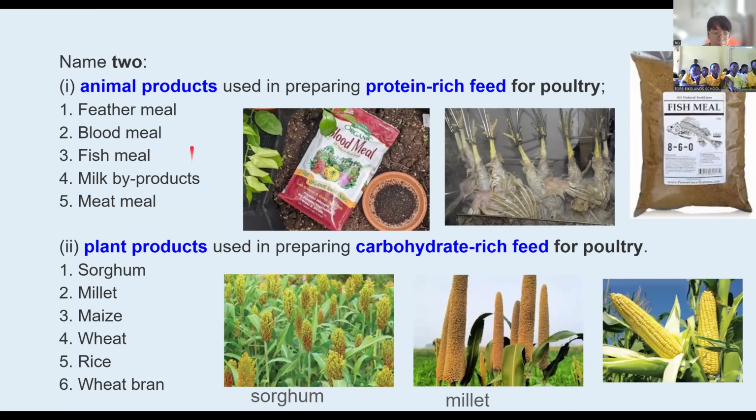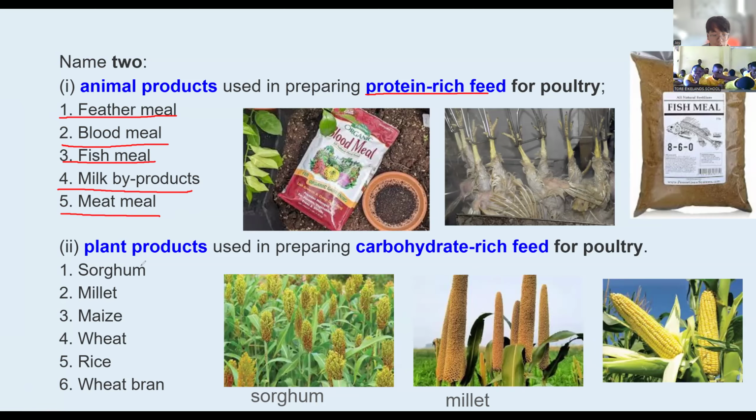Here are some animal products that are protein rich. All of these are protein-rich feeds for the poultry. Things like feather meal, blood meal, fish meal, milk byproducts, and meat meal are all examples of protein-rich feed.